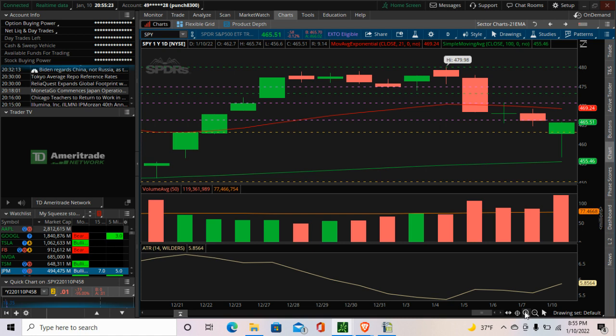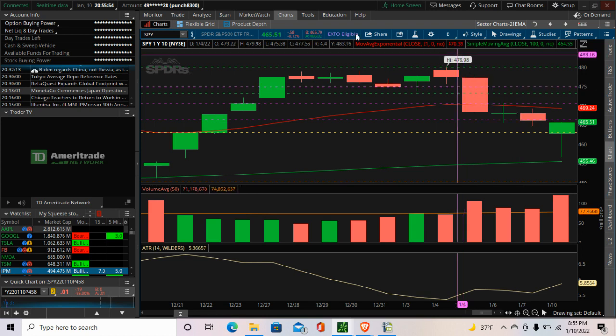So going into the daily time frame, we were breaking below this daily line right here. This was a key level where, if the SPY broke below that line, you could play weakness in the market.